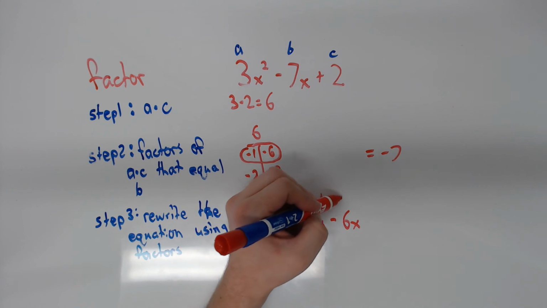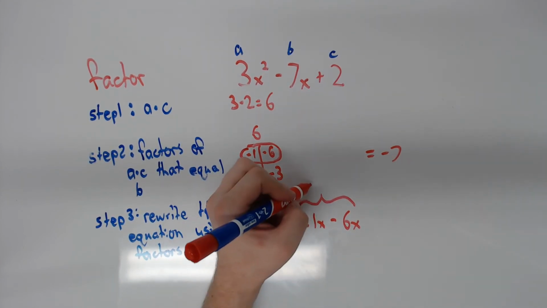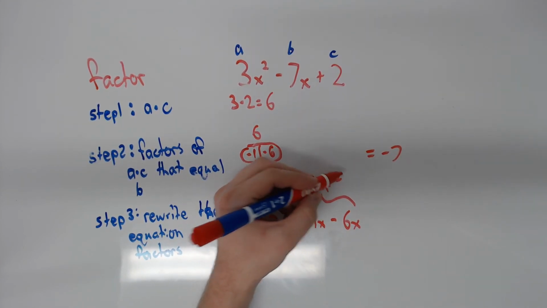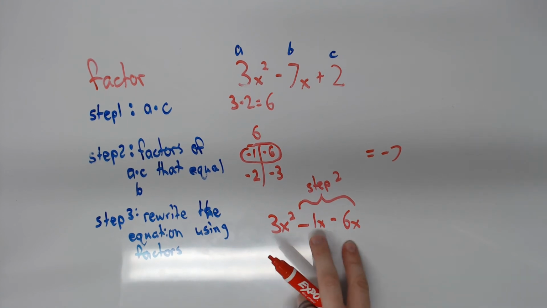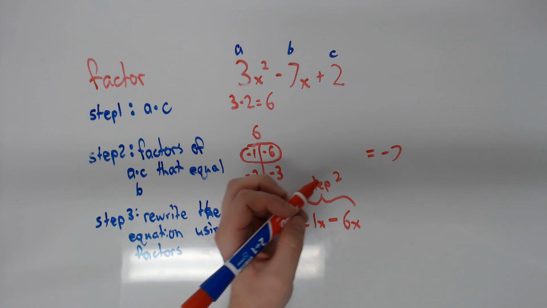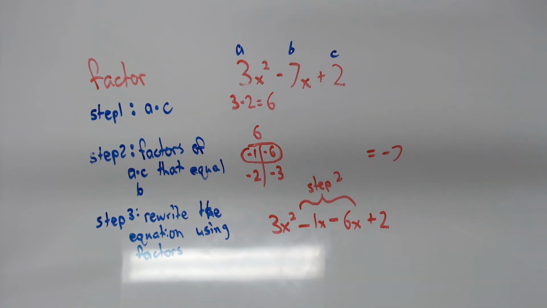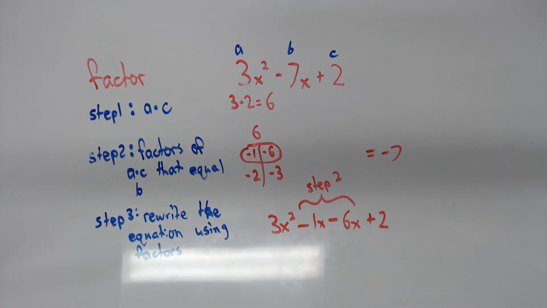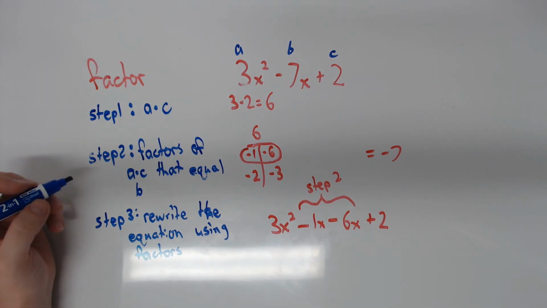So these came from step 2. That's how we knew what to make the B term split up into. And then the +2 at the end. Step 3 is factor by grouping, and then we're done. Sorry, step 4.